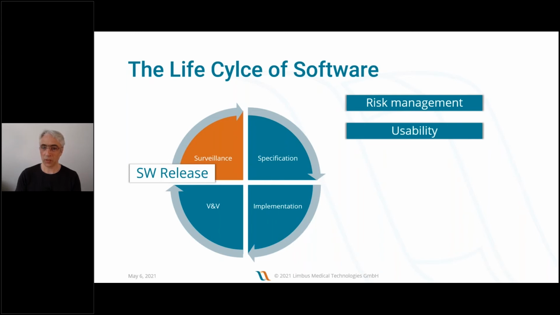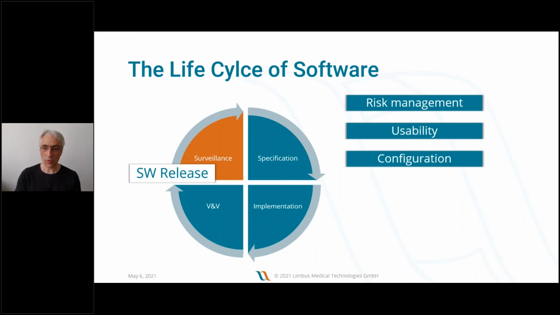Usability has become increasingly important as well, because we recognize that operating errors originate mostly from bad design. It's not the fault of the user, rather they can be attributed mostly to design flaws.